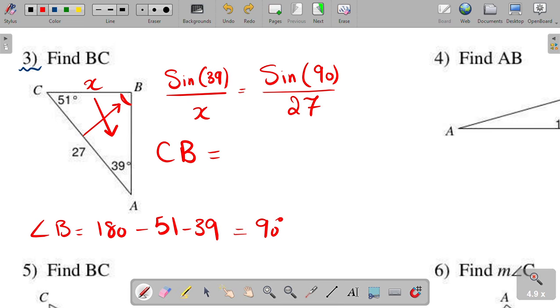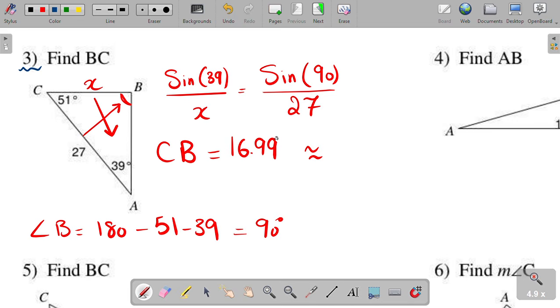Sine 39 over x equals sine 90 over 27, and it's going to be 16.99.